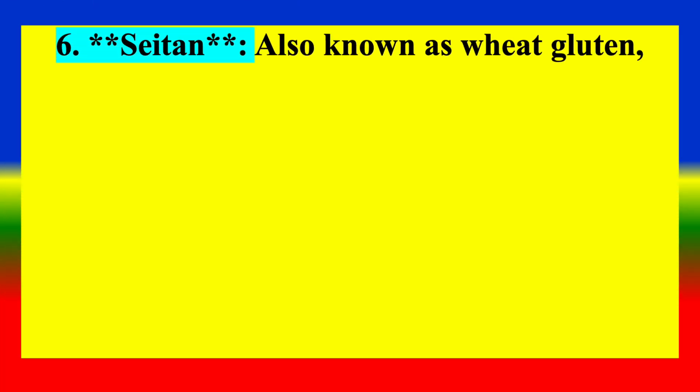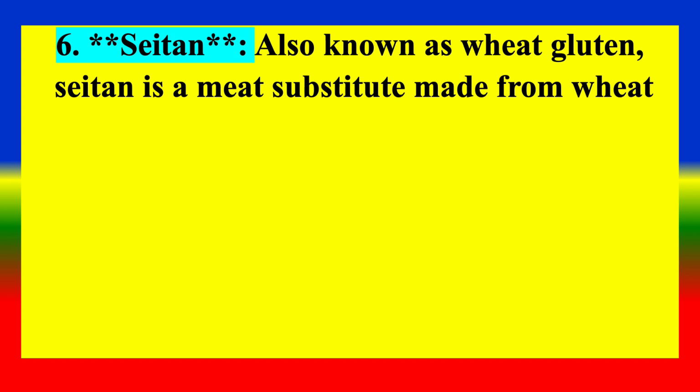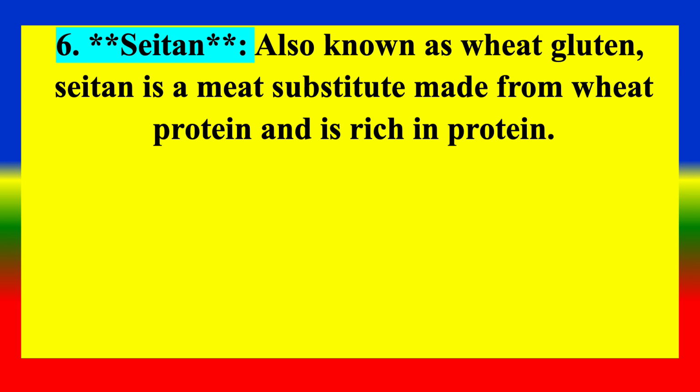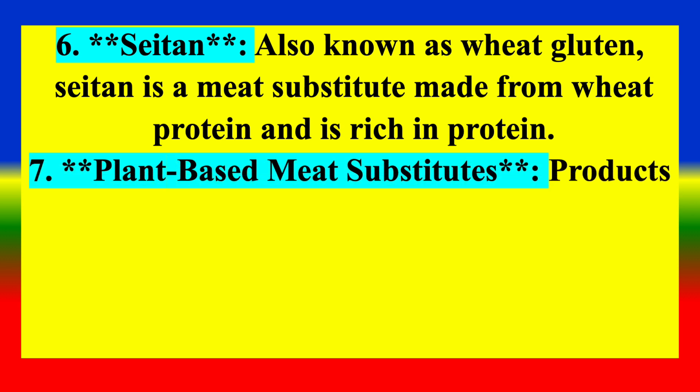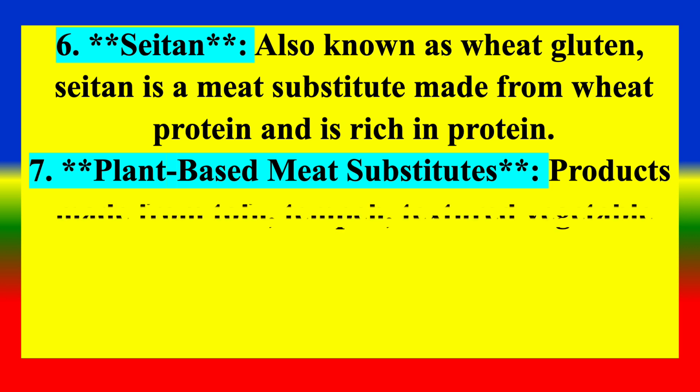Six, seitan, also known as wheat gluten. Seitan is a meat substitute made from wheat protein and is rich in protein. Seven, plant-based meat substitutes.